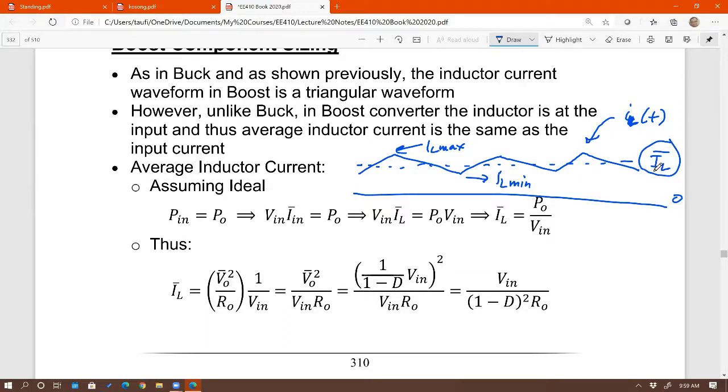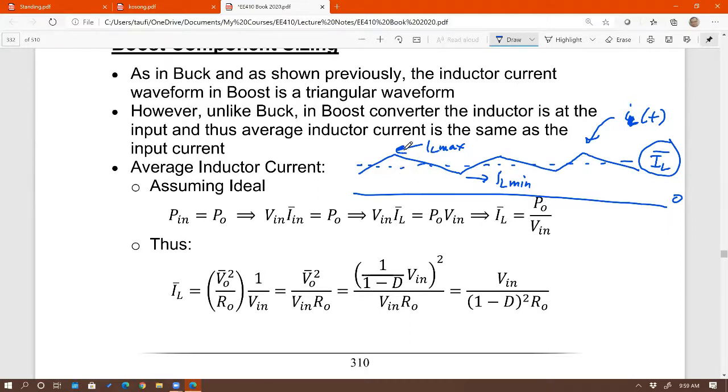As the load demands more energy, this IL average goes up. And then when the output current is idling, for example, or is not requiring that much current, of course, IL average will be decreasing. Delta IL, however, is not a function of output current. It will stay the same.